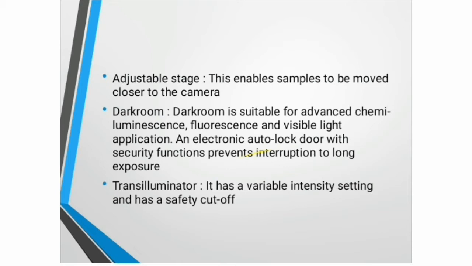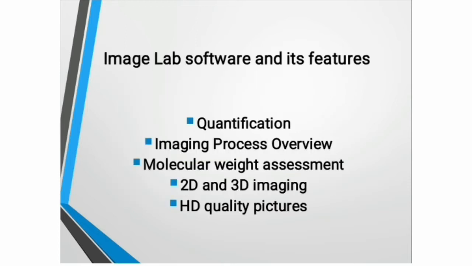This enables the samples to be moved close to the camera. Next, a dark room. The dark room is suitable for advanced chemiluminescence, fluorescence and visible light applications. An electronic auto lock door with security functions prevents interruption to long exposure. Next, transilluminator. It has a variable intensity setting and a safety cutoff.